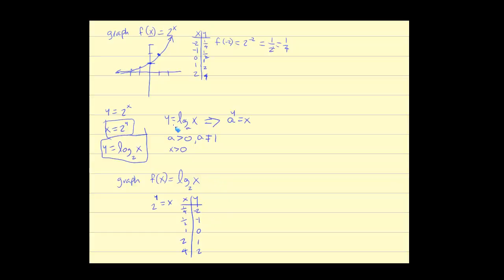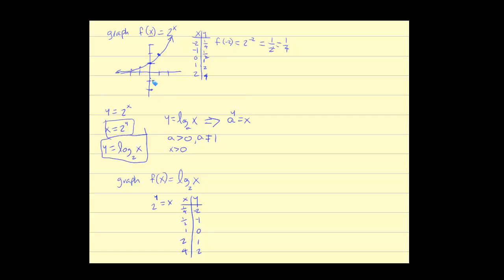So if I were to graph this, and I'll graph it on the same set of axes here, I'd graph the dot 1/4, minus 2. Now it makes sense that that dot would be on this graph because the dot minus 2, 1/4 is on the graph of f of x equals 2 to the x, and they are inverses of each other. That's how we got this thing.